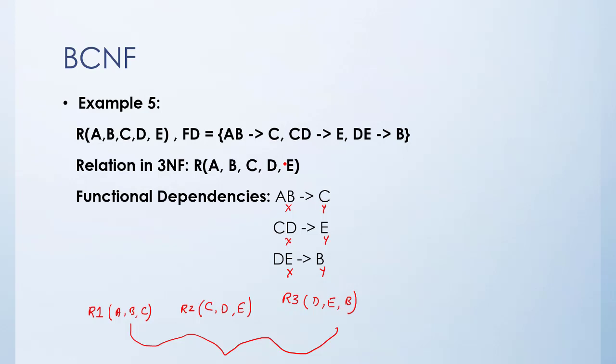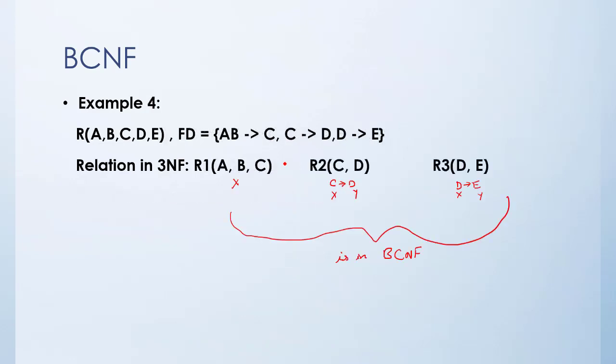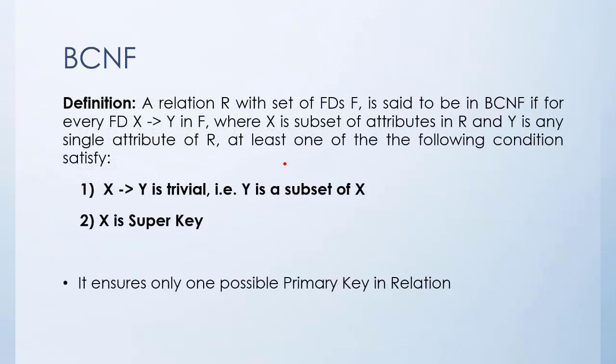For relation 1, AB will be the primary key. For relation 2, CD will be the primary key. And for relation 3, DE will be my primary key. So BCNF ensures the possibility of a single primary key in a relation.